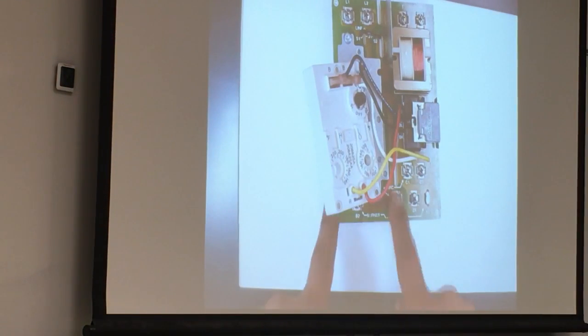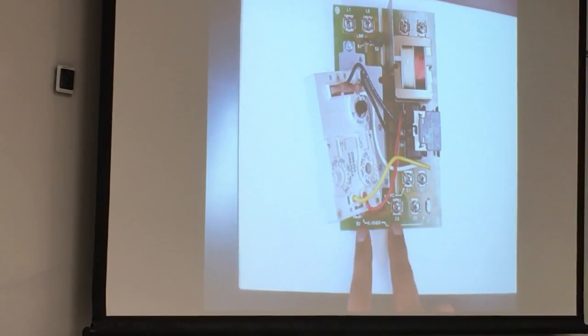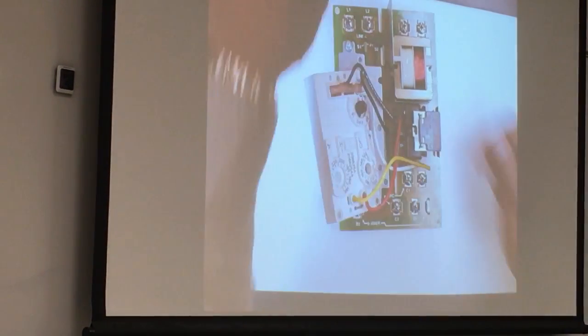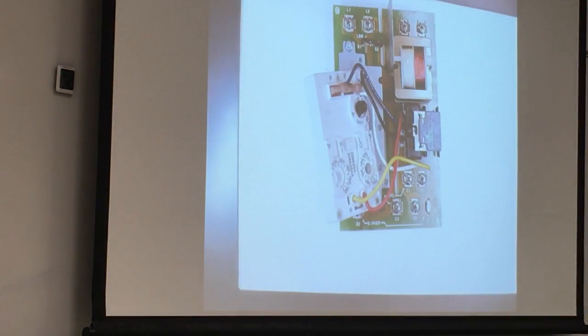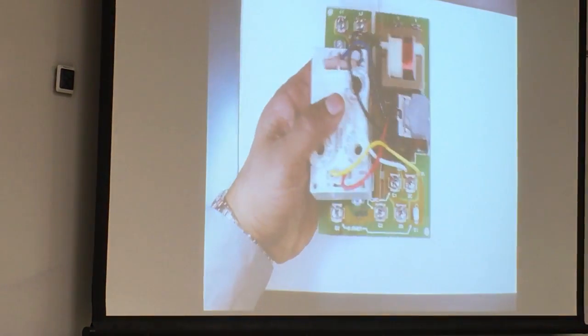So always try to stick to the terminals. I mean, there are some shortcuts. Instead of going back to the board, you can go outside and put neutral all the way to the L2. It will work with these old ones. The new ones are more sensitive and they wait for the feedback, which is safer. So we get an idea, and this is a simple aquastat. What do you think this is?